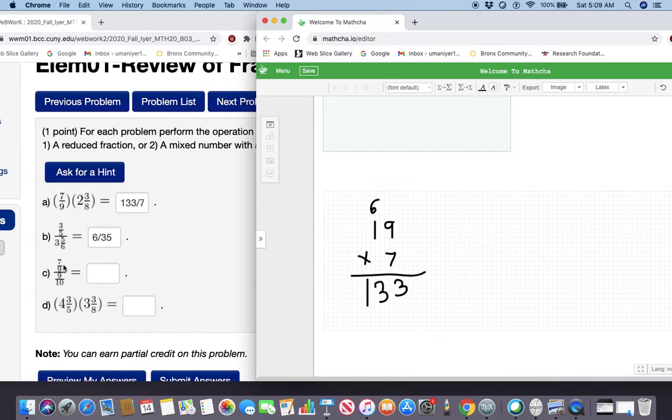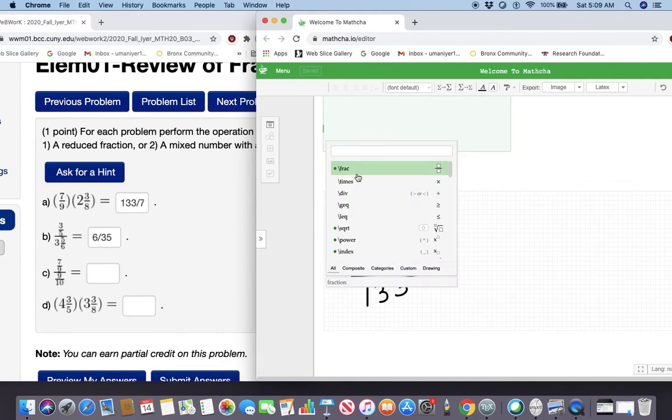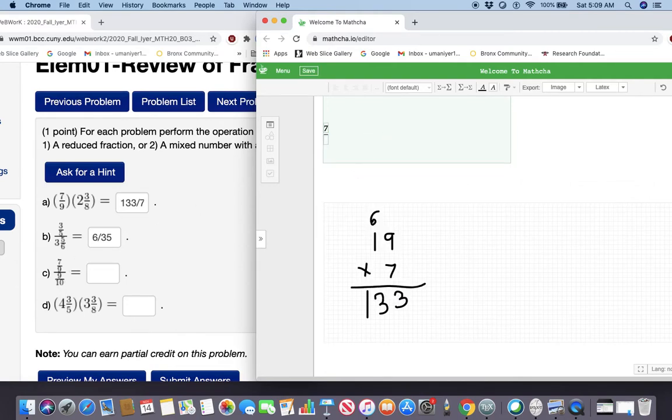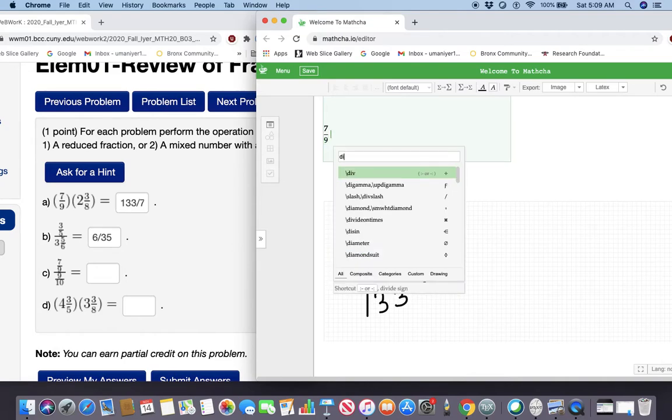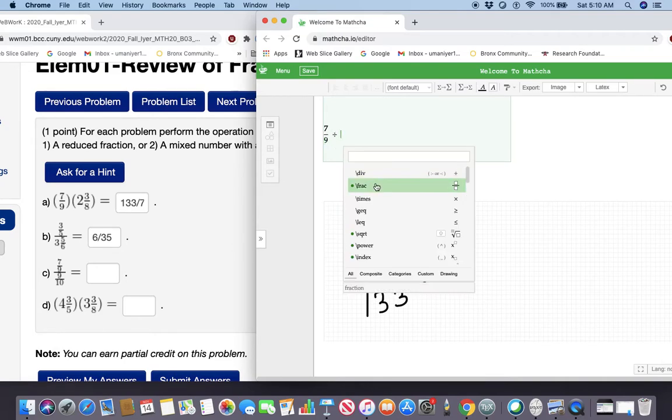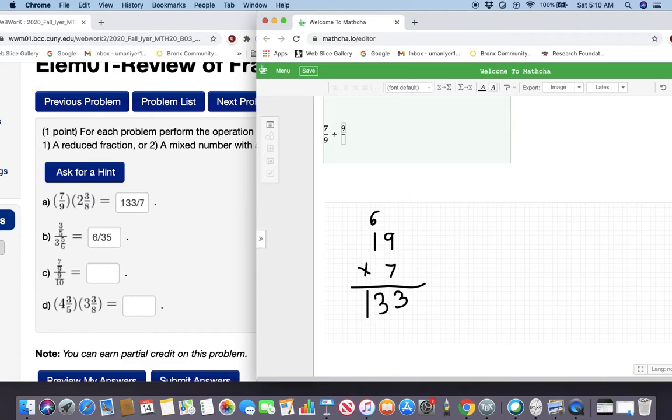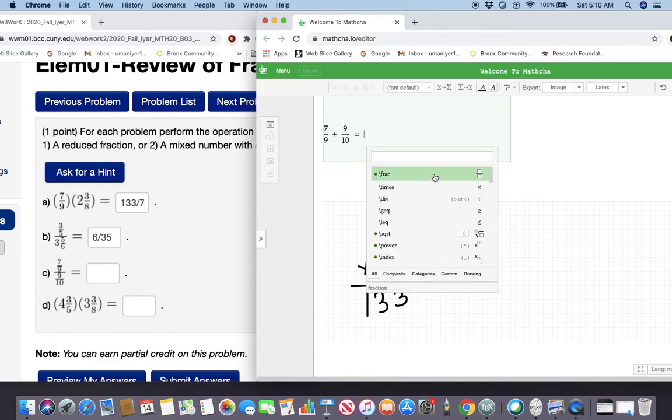Next, again I have a numerator over a denominator. So this is a fraction. Write the numerator first, and we are dividing by another fraction. Division by a fraction is multiplication by the reciprocal.